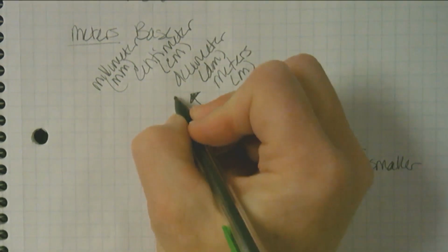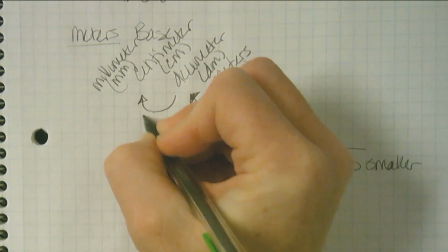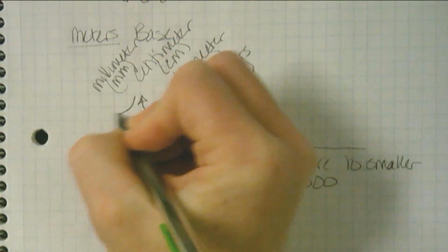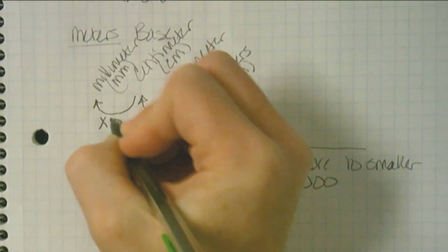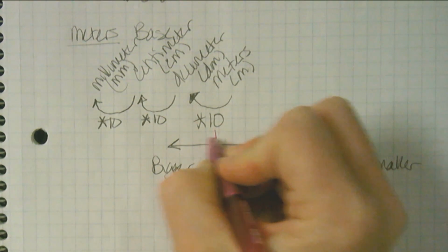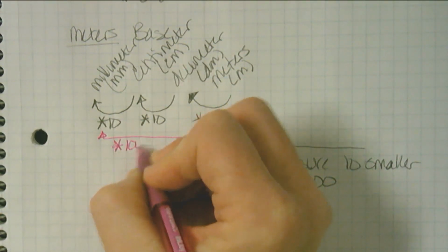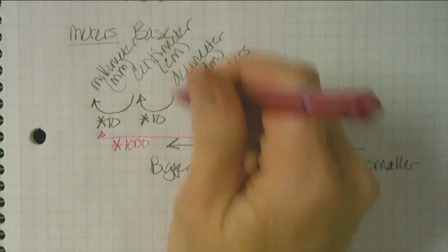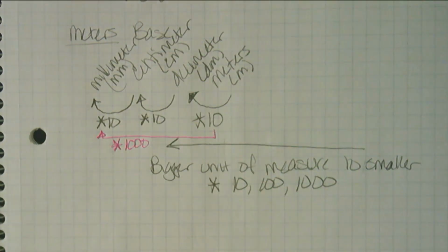All right, so in between each of these, going from a bigger to a smaller is multiplying by 10. So if I went from meters all the way over to millimeters, I would multiply by 1,000 because it's 3 jumps away from my meters.